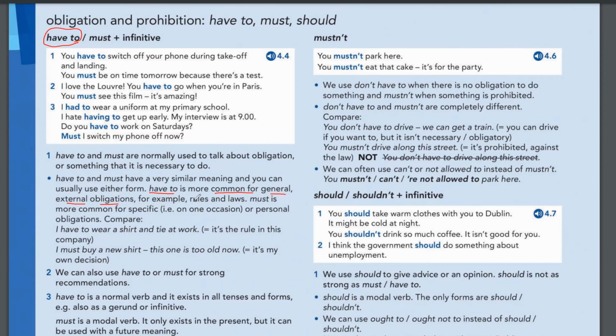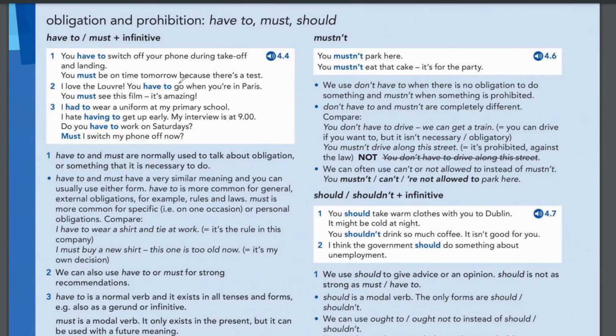It's a rule or it's a law. It's not someone's opinion. Because something is a rule or regulation or law, we are obligated to do that thing. It is an obligation. It is important. But must is our opinion.